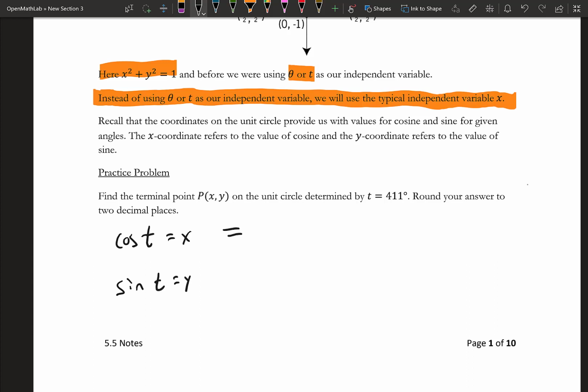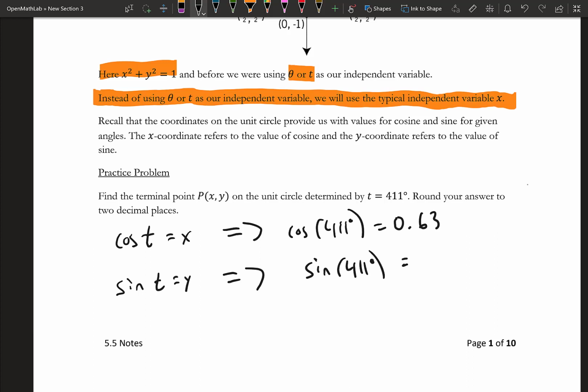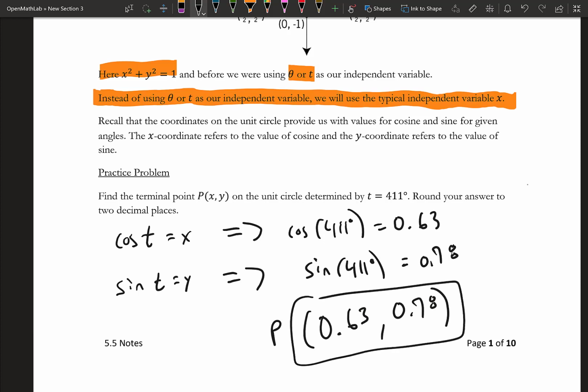So cosine of 411 degrees, if I use my calculator and round to 2 decimal places, you should get 0.63. And for sine of 411 degrees, you should get 0.78 rounded to 2 decimal places. So the point x comma y would be 0.63 comma 0.78. That is point P.